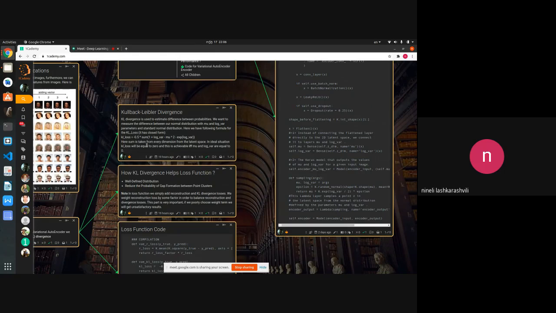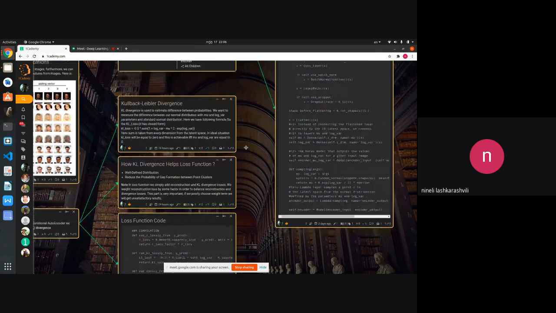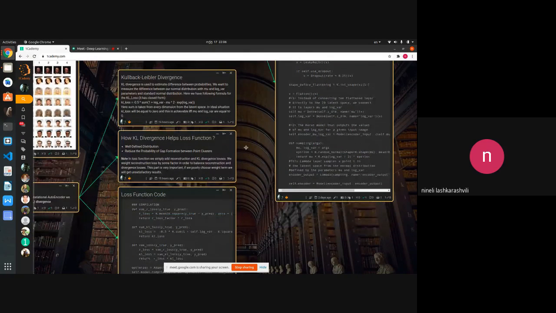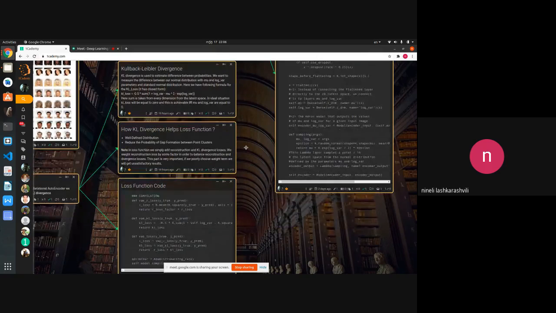And the sum is taken over every dimension of the latent space. And in order to minimize our loss, the ideal situation would be to have 0, which would be achievable in case we have mu and log var equal to zeros. Right now, I will describe how this function helps. So it helps to have a well-defined distribution, and it also reduces the probability of gap formation between point clusters.